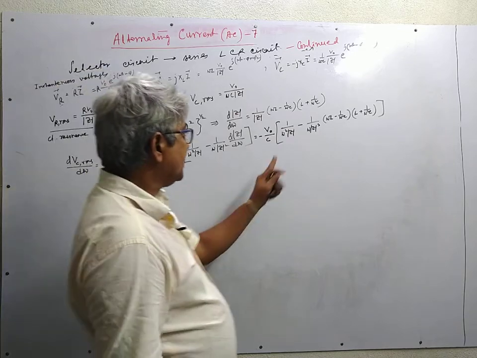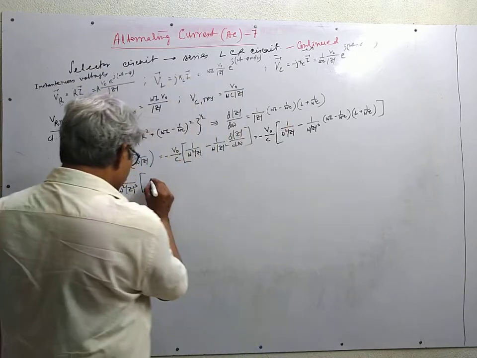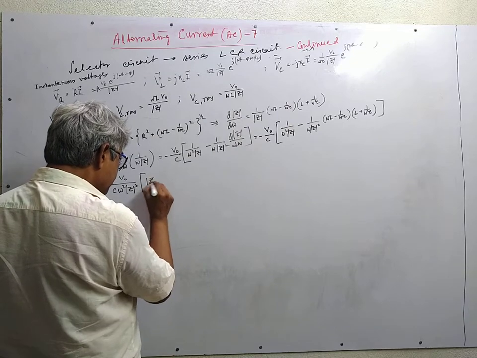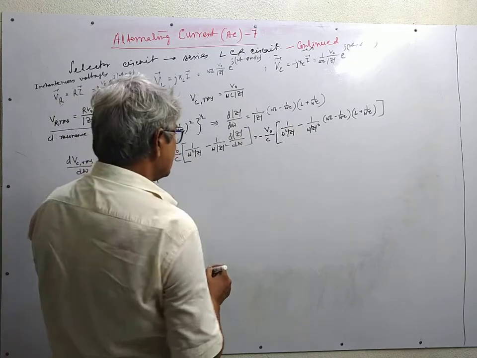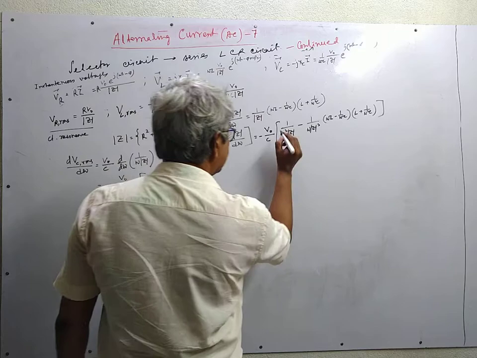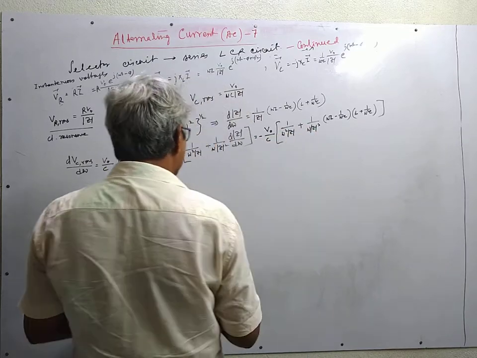So this term is mod Z square, and so this sign should be plus because minus has been taken common.